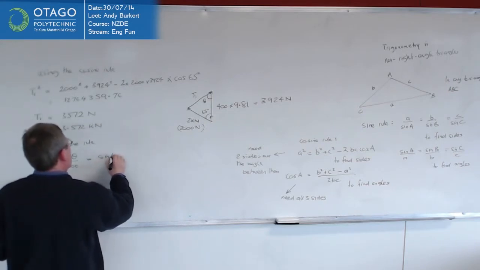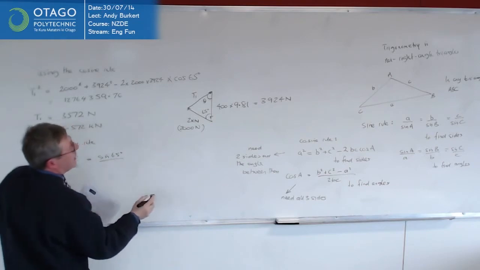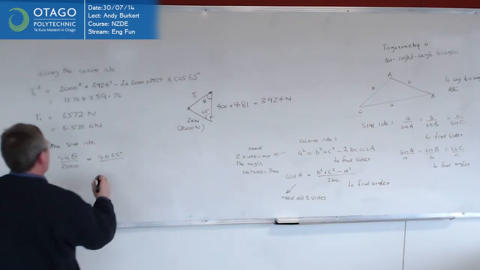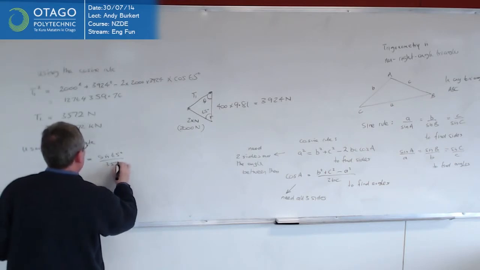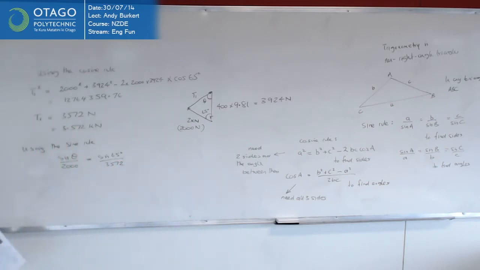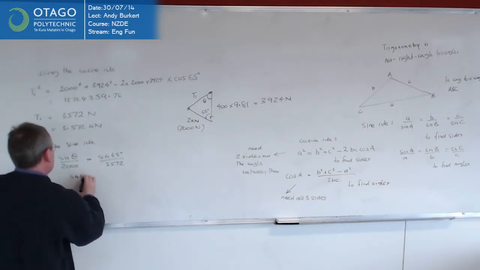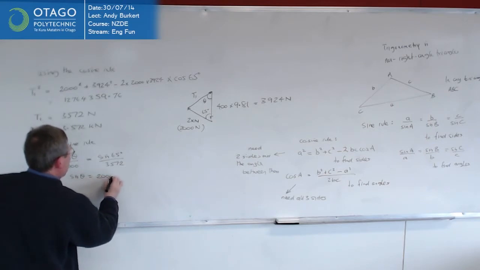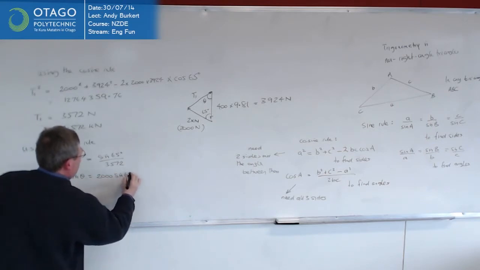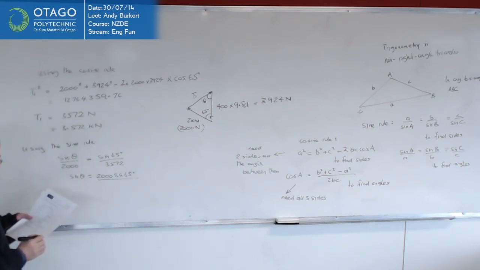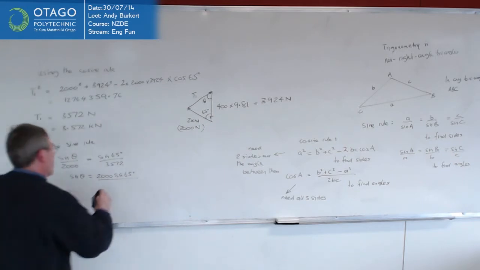So it's sine 65 degrees divided by the side opposite, which is the one we've just worked out. So 3572. And now we can just rearrange that. Bring the 2000 to the top. So sine of theta equals 2000 sine 65 degrees over 3572.